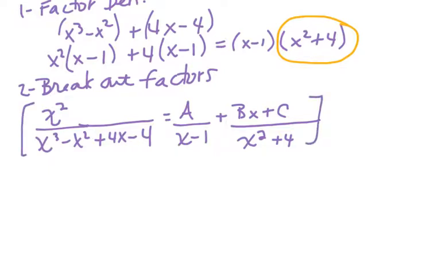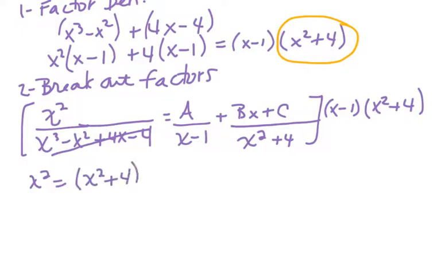We're going to multiply through by the denominator, which is x minus 1 times x squared plus 4. I just rewrote it in a different way, but you know that cancels out because we just went through the factoring process. So what you're left with on the left-hand side is simply x squared, and on the right-hand side you're left with A times x squared plus 4, plus Bx plus C times x minus 1.